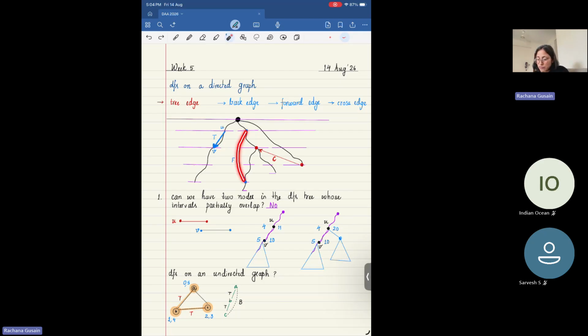Same is the case with the forward edge, right? So if this node had a finishing time somewhere here, this will finish before that. So again, the forward edge is also leading to a node with a lower finishing time. So we are now left with the back edge and the cross edge. Which of these two edges will lead to a node with a higher finish time?